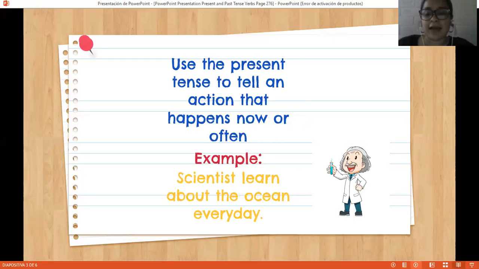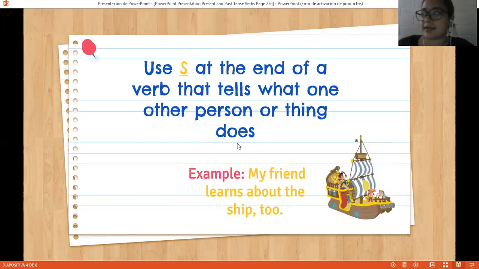Next, we have the use of S. Use S at the end of a verb that tells us what one other person or thing does. Okay, this will be the example that the book is giving us, and S at the end of a verb tells us what another person or thing is doing.